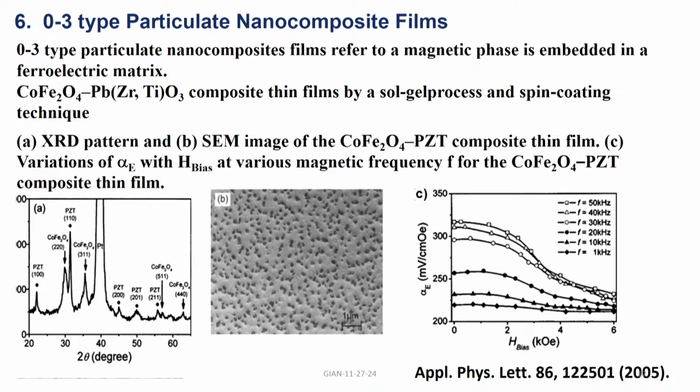So, it is in fact a nanopillar in the PZT matrix on a substrate, and the one on the left shows the X-ray diffraction data. So, each phase here, that is cobalt ferrite and PZT, the incident X-ray is reflected.